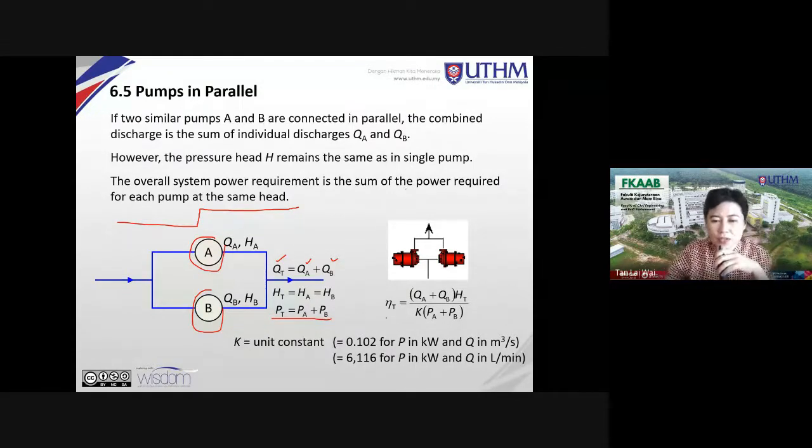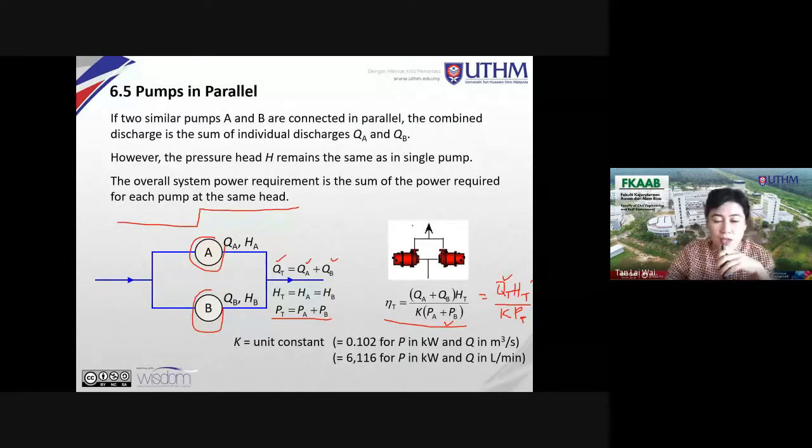Now if you look at this efficiency, the formula would be QT times HT, that means the total, divided by K times P total. P total would be PA plus PB. Q total would be QA plus QB. And then HT would be just HT, either HA or HB.